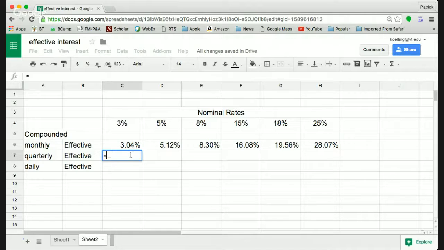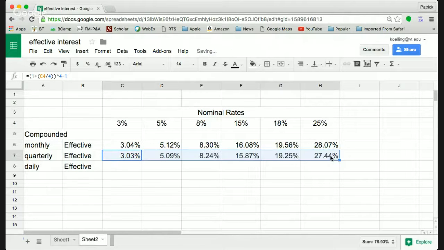So this is equal to 1 plus, here's our 3%, divided by 4 now because we're compounding quarterly, to the 4th power, minus 1. 3.03%. So apparently we were right. And yes, indeed, in all cases, compounding quarterly gives us a lower effective interest than if we compound it monthly.